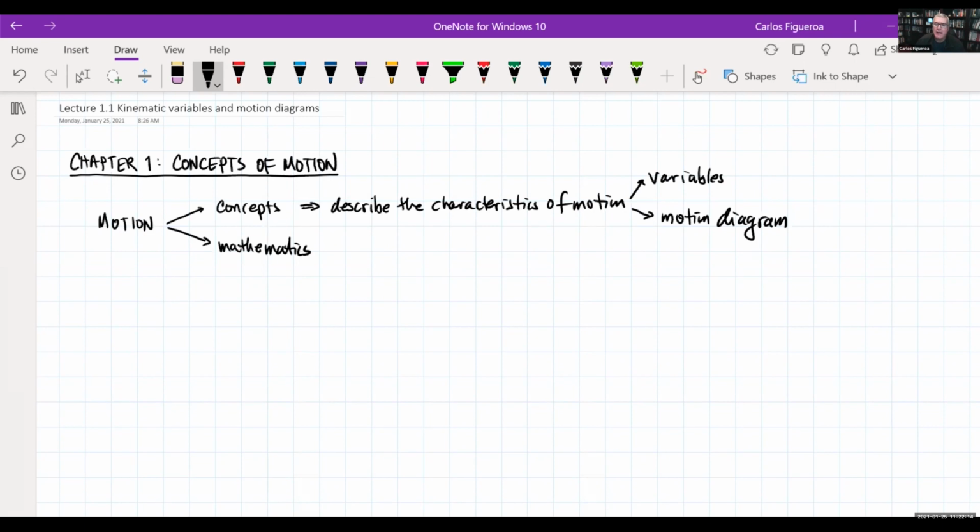A motion diagram is a picture, and that picture in physics is everything. The vast majority of the time, when people were unable to solve the problem, it's because they couldn't draw the motion diagram. They missed all of the important pieces.